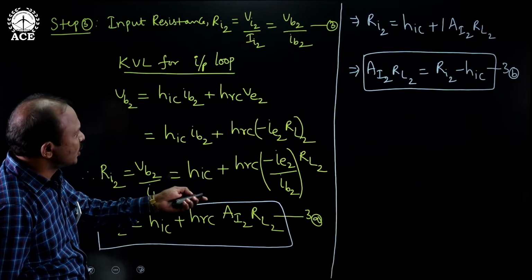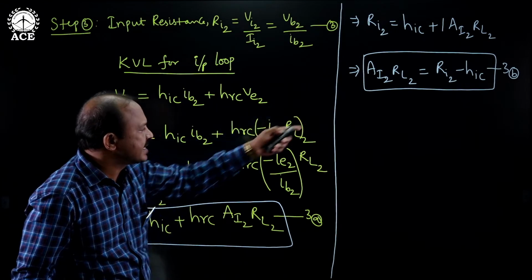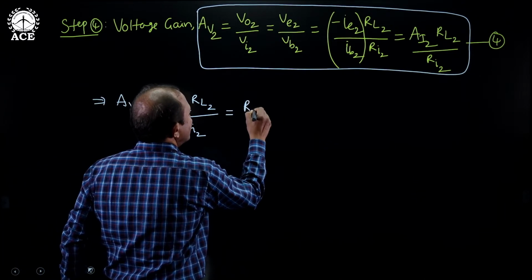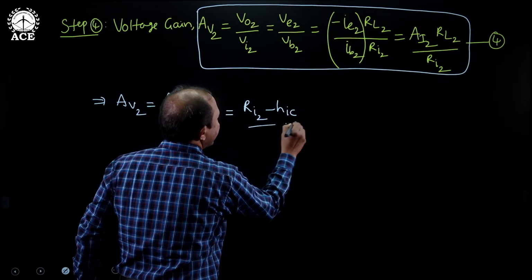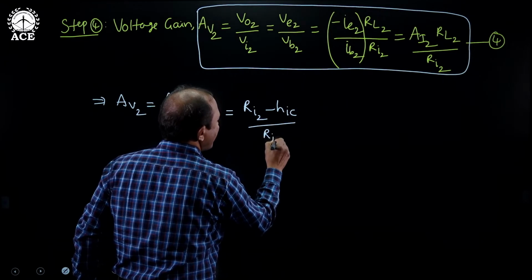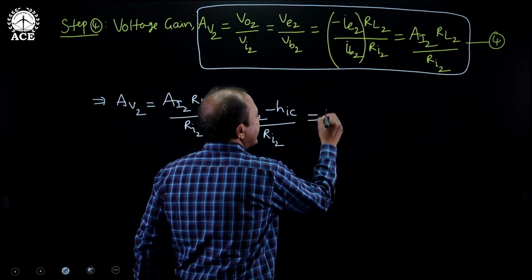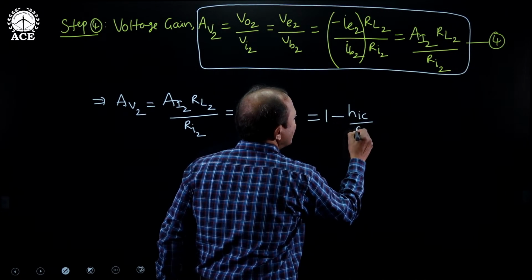And as I just now told you, AI2 RL2 equal to Ri2 minus HIC. That relation I am using here. So this gives us Ri2 minus HIC by Ri2. In other words, we can write it as 1 minus HIC by Ri2.